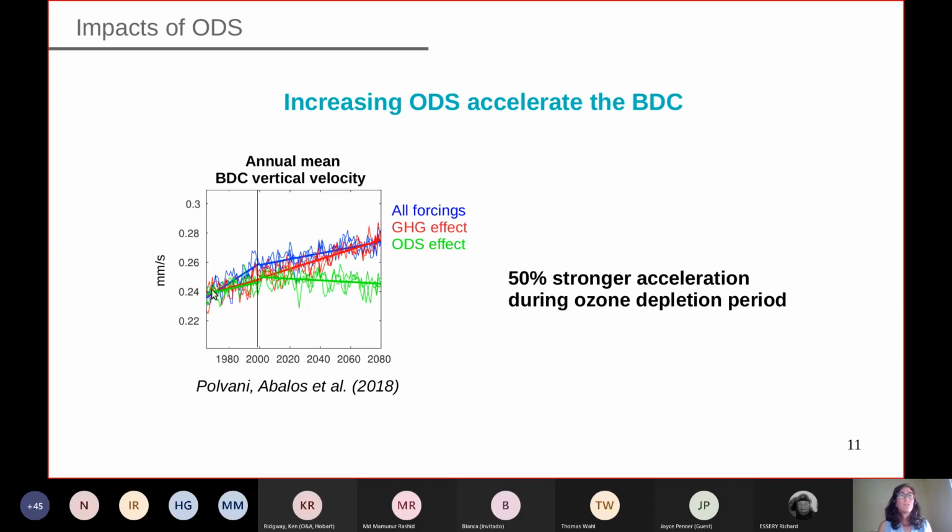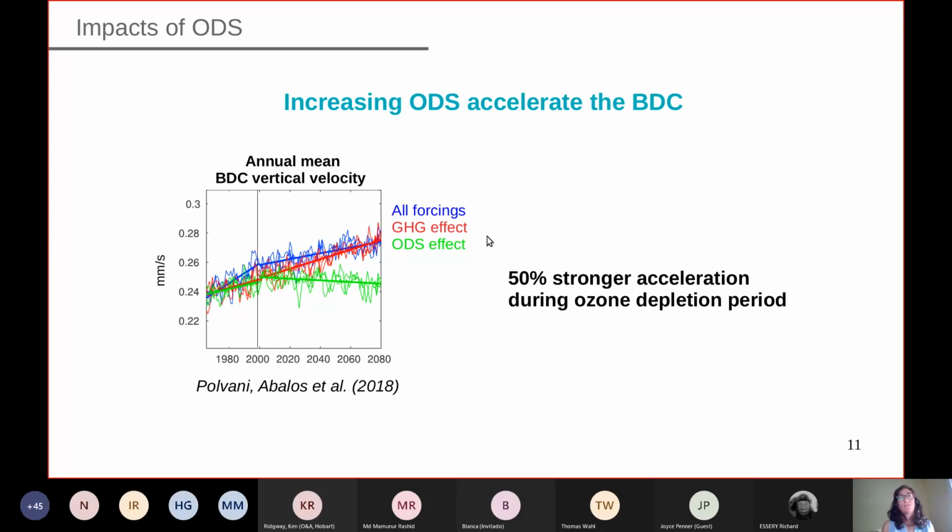And so if you look at the blue lines, you can see that there's an acceleration and increase of this Brewer-Dobson circulation, which is faster before the year 2000 than after the year 2000. And to quantify, this is about a 50% stronger acceleration in the ozone depletion period before 2000 than after that.